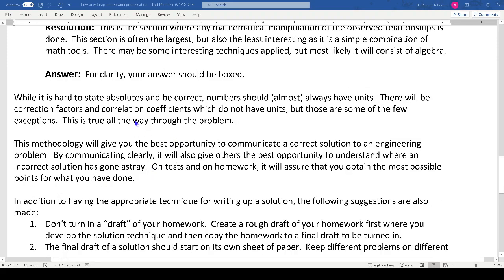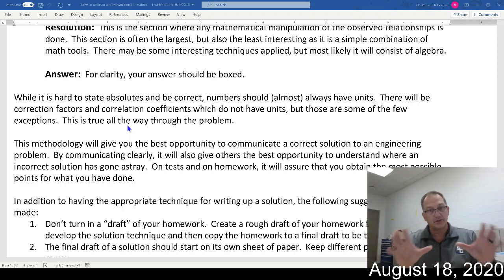And keeping track of them throughout your problem is very important. So I think if you use this methodology, it will give you the best chance of communicating a correct solution to an engineering problem, but it also sets up a way of thinking that allows you to solve problems that you don't understand, because it allows you to lay out in a clear way what is going on, what do I know, and what new things can I figure out.